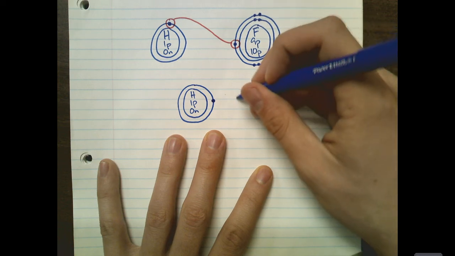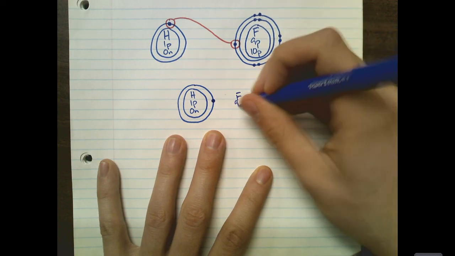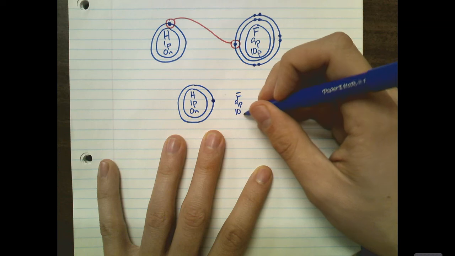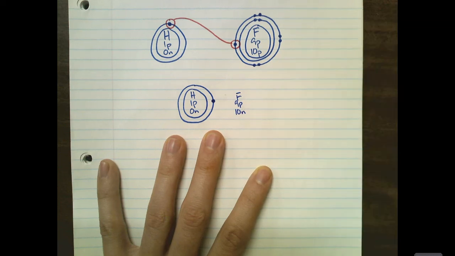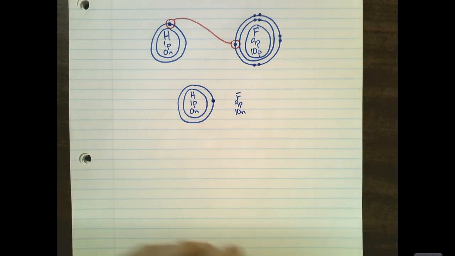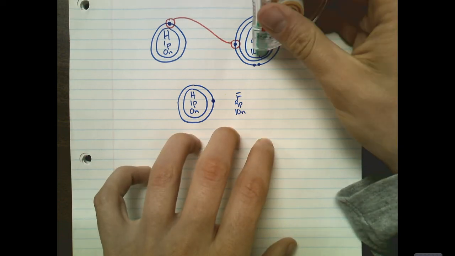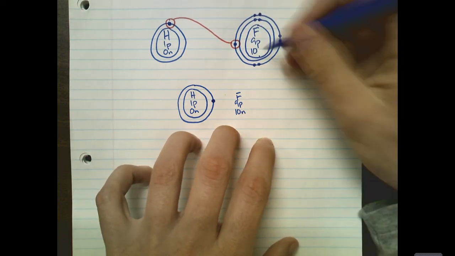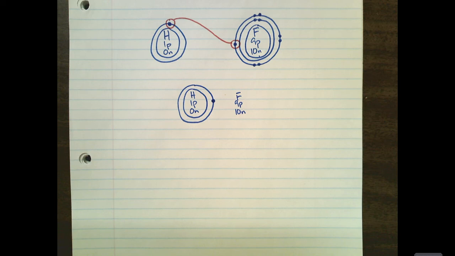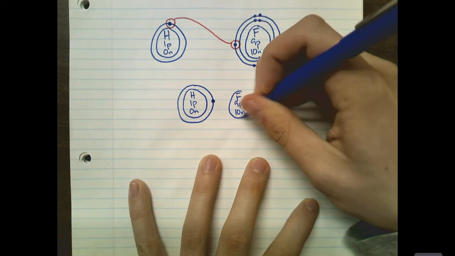And then I've got fluorine, 9 protons, 10 neutrons. Oh, oops, if you were paying close attention, you would have noticed that I accidentally put a P here. This was supposed to be an N for neutrons. And then that's our nucleus.